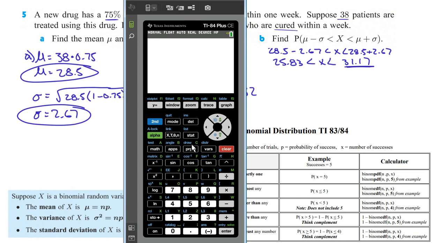We're going to do second, variables, distribution, and go down to binomial CDF, because you don't want to find the probability of it hitting the exact number. It's between a range. So there's 38 trials. I went through and did some of these already. Probability of success is 0.75, and we want to know the probability of being 25.83.